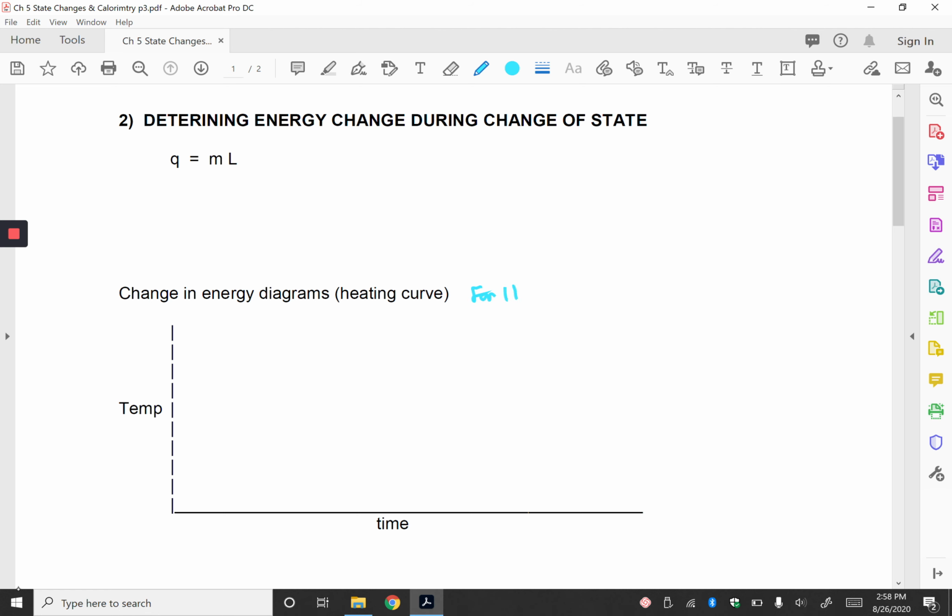Let's say this is for H2O. So, as I start at ice really cold, I heat it up, my temperature starts rising, but then when I reach 0 degrees Celsius, the temperature kind of remains steady. And then here I have melting happening.